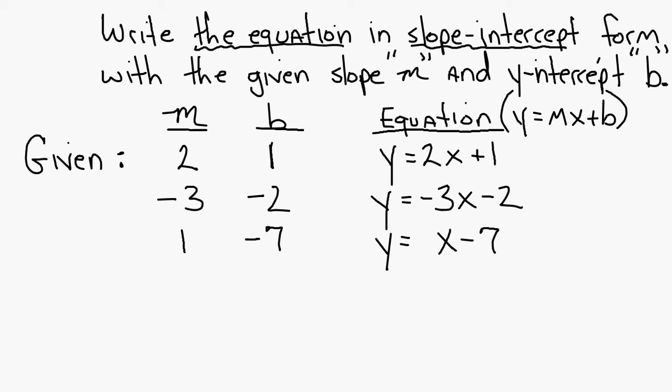Now what you have to understand is that the slope is 1. But when there's a 1 in front of a variable, it's implied that it's a 1 and you don't write it. Okay? So if you put the 1 there, it's not wrong, but on a multiple choice test or quiz, you won't see a 1 written in front of the x.